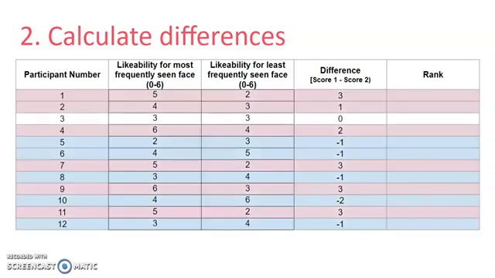The next step will become important later on, and all I do is highlight each participant row in one colour if they got a positive difference. So participant 1 got a difference of +3, which was a positive number, so they're all in pink. All the positives are in pink, and I put all the negatives in blue.